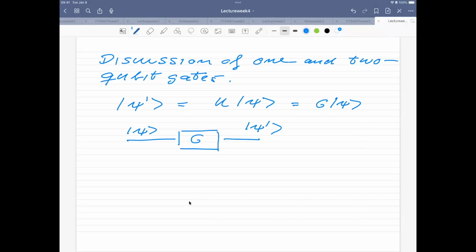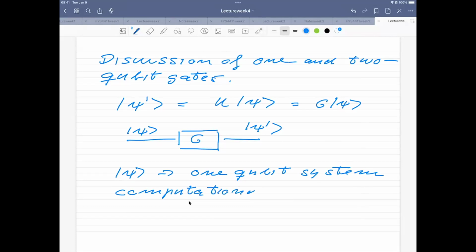So psi now is going to be first a 1-qubit system. And for the 1-qubit system, we are going to assume a computational basis, which is simply qubit 0 and qubit 1. So let me quickly remind you of that.